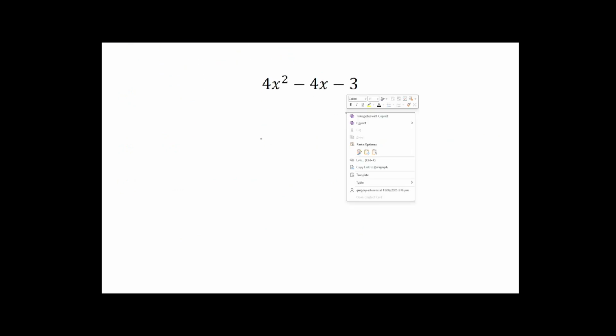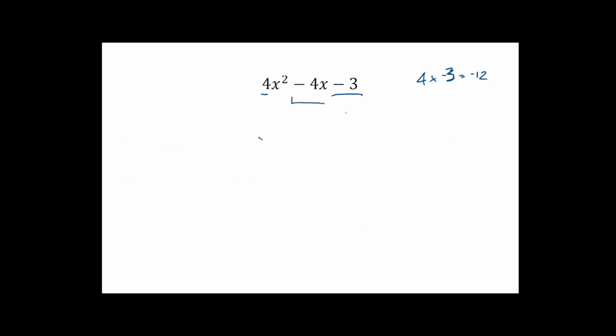Okay, one last one. Is there anything common in this one? No. So we have to expand out. So 4 times negative 3 is, of course, negative 12. So we want two numbers that multiply to give us negative 12 and add to give us negative 4.